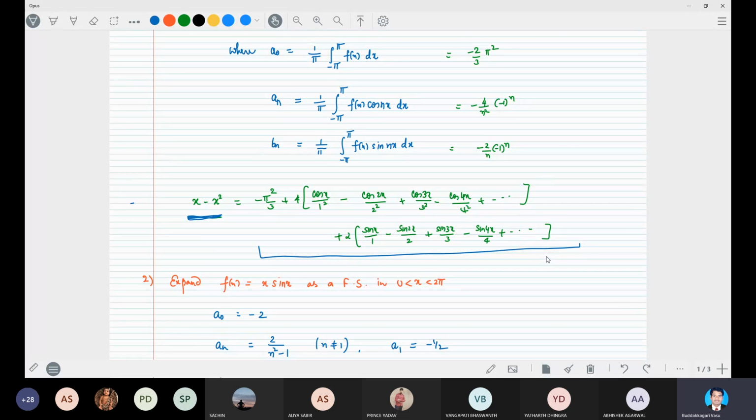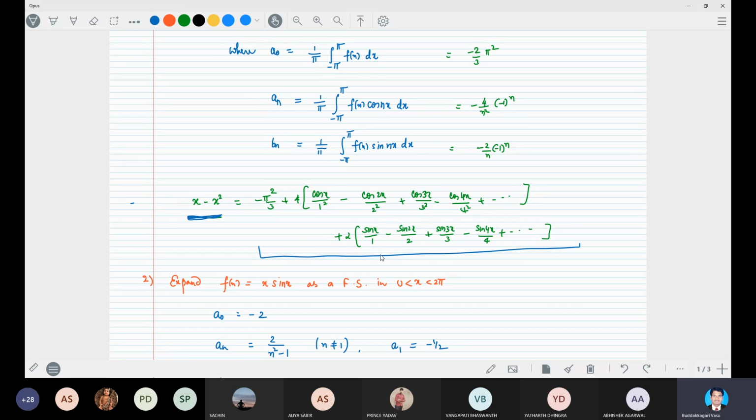While looking at the RHS, it has an infinite number of points, an infinite number of values, corresponding to the infinite number of terms, which result in an infinite series.